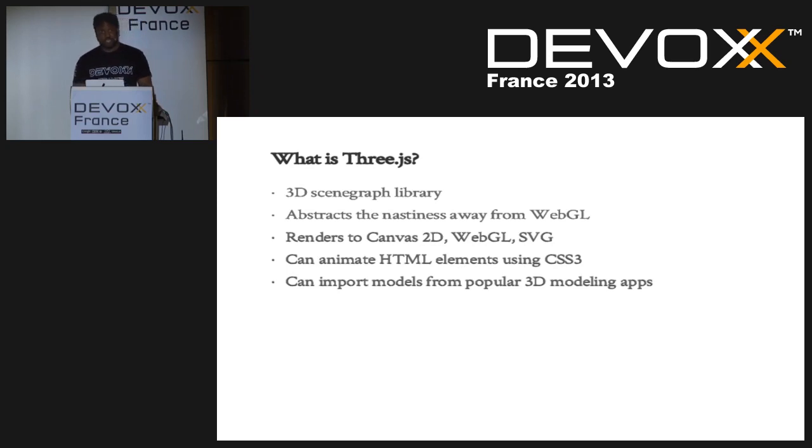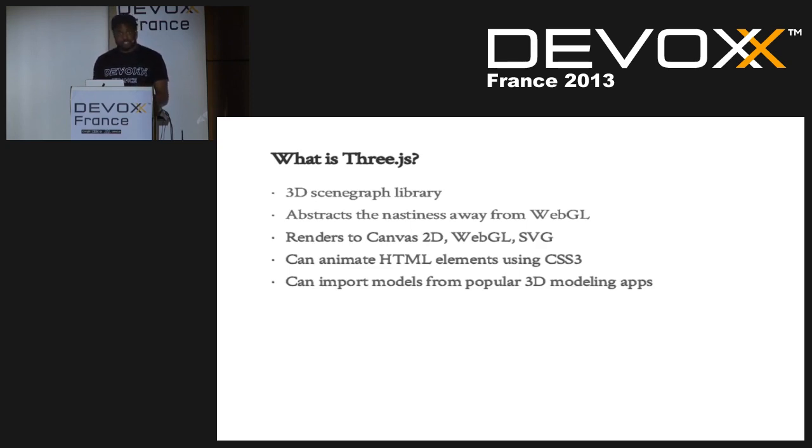So Three.js is a 3D scenegraph library that abstracts away all of the nastiness of WebGL. It gives you a very simple and sort of cross-platform way to target Canvas 2D or WebGL. There also is a renderer for SVG that's not exactly used as much.